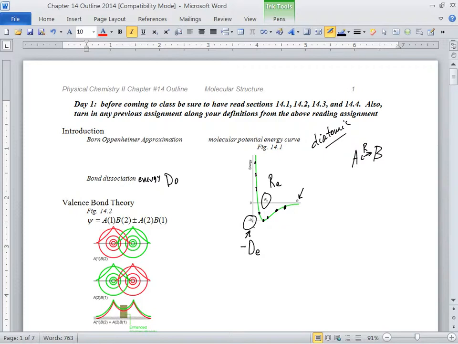But DO is actually not quite the depth, because the DE goes all the way to the bottom. Do you remember, if you really zoom in on this, we can never get to the bottom.